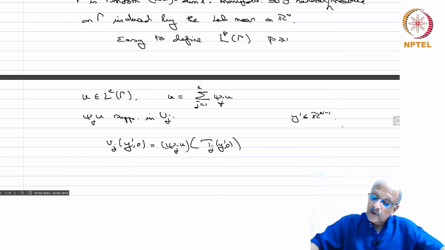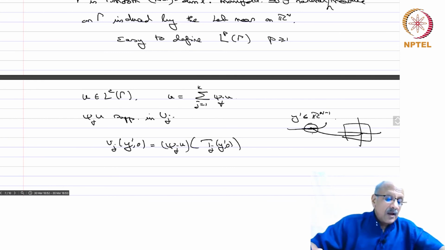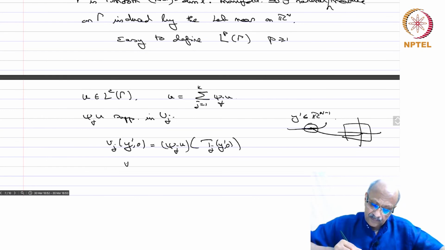So what are you doing? You are taking a point on the axis in Q. From there you go to Uj, to the boundary, and then you take the value of psi j u, which is supported in this set, for all y' in Q0.